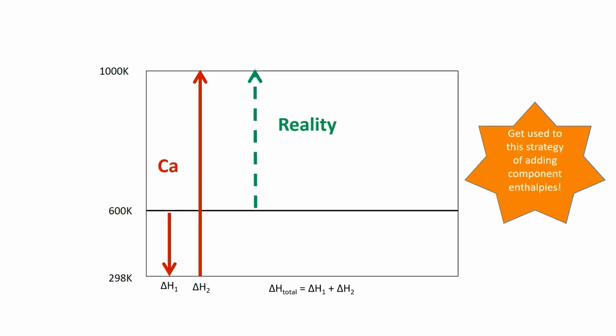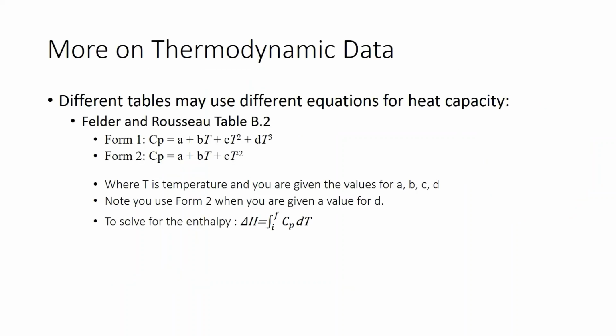Okay, so one thing I want to point out with my prettier diagram is you want to get used to the strategy of adding component enthalpies. And we'll have another example.